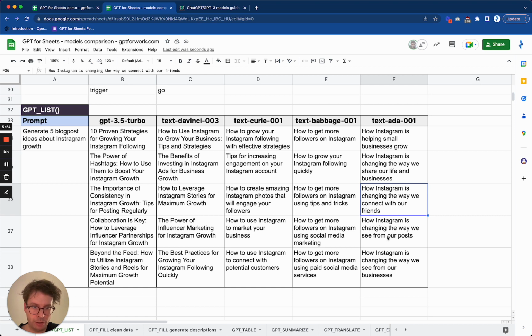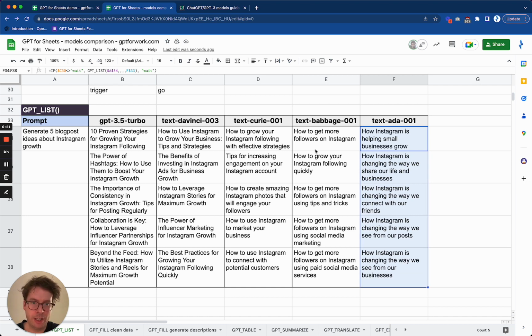Okay, not bad, but it actually doesn't have anything to do with Instagram growth. And then again, this one is very similar to that. So it seems only the first item from the list is remotely related to Instagram growth, but more or less Ada results are not good at all.